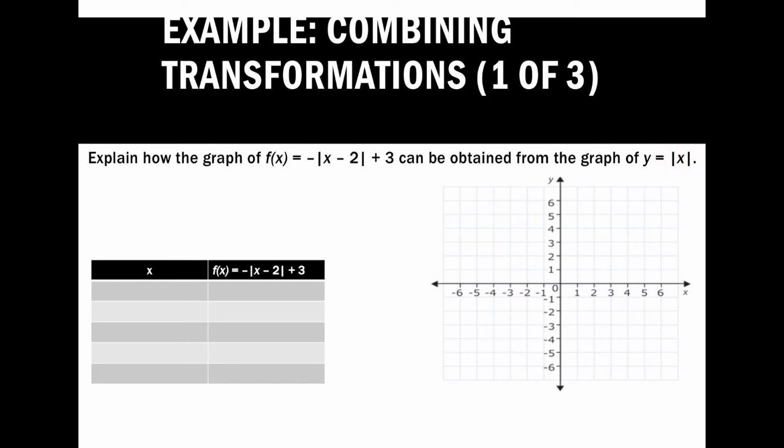All right, so let's just run some numbers here. And first thing I would like to point out is let's think about the transformations, because we know that absolute value of x gives me that V that looks like 4 and 4, 6 and 6, negative 2, 2, negative 4, 4, negative 6, 6.